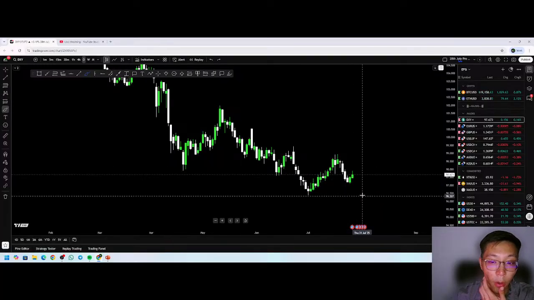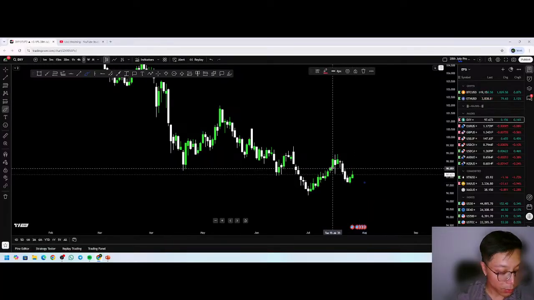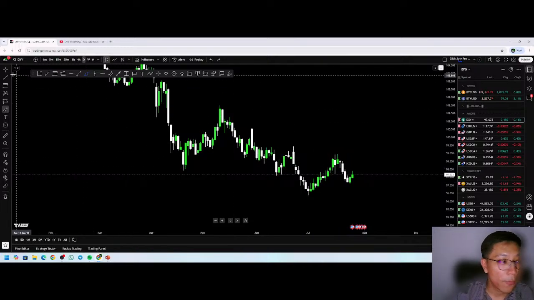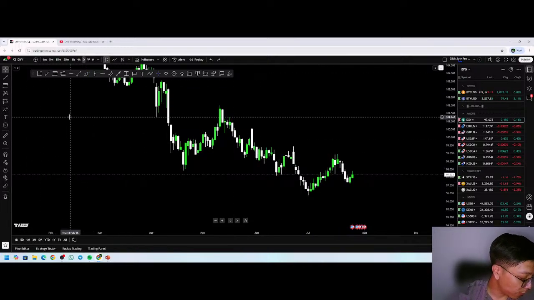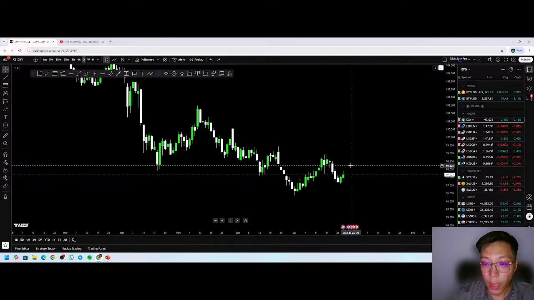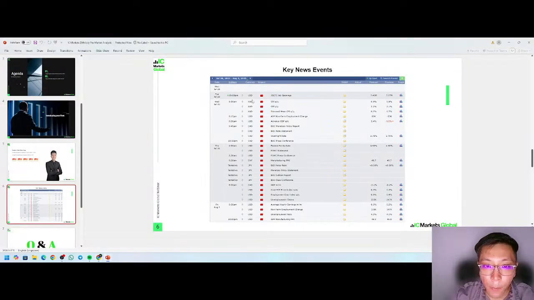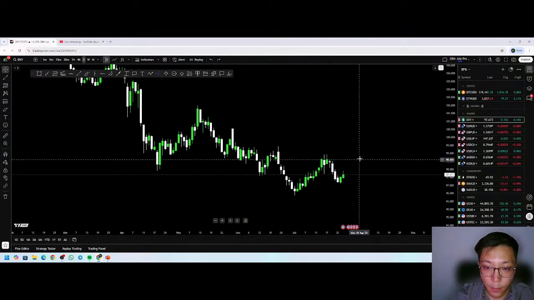It will actually fall. So that is one thing we might be looking out for on Wednesday itself. Before that, we have USD job openings. This might create some kind of bullish momentum towards the upside.